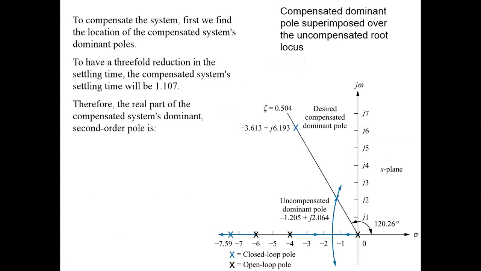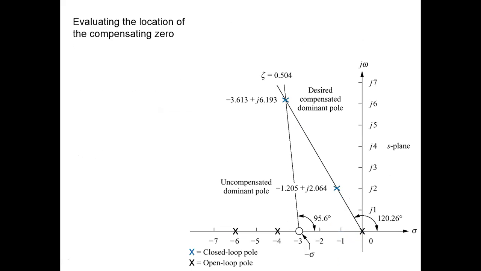To compensate the system, first we find the location of the compensated system's dominant pole. To have a threefold reduction in the settling time, the compensated system settling time will be 1.107. Therefore, this will be the real part of the compensated system's dominant second order pole, and this will be the imaginary part.